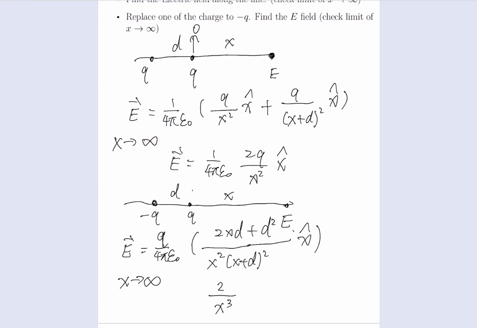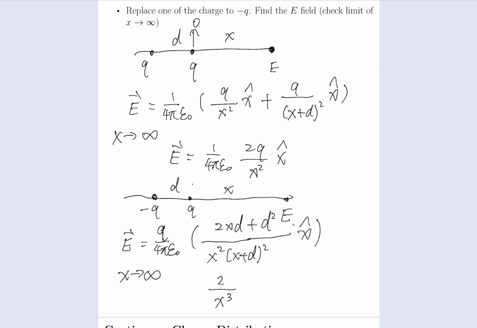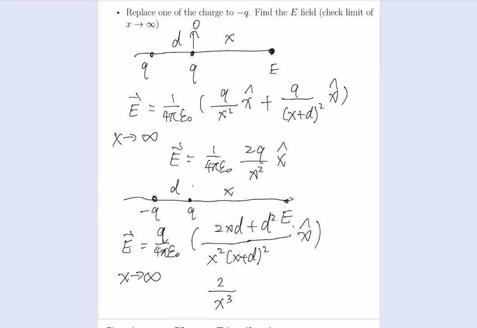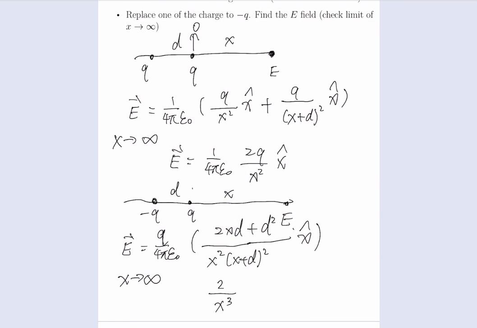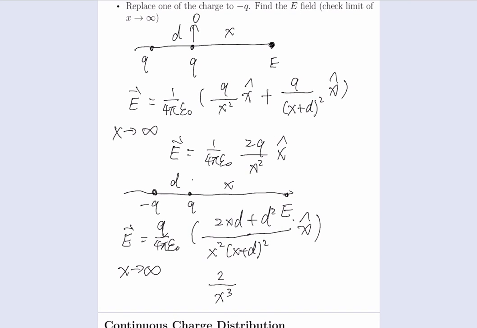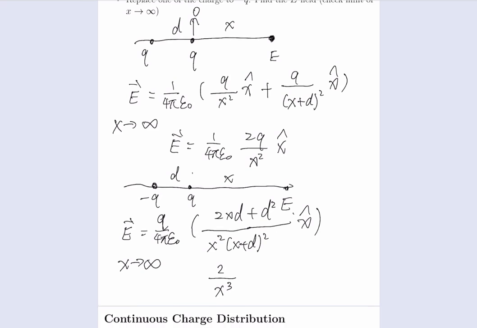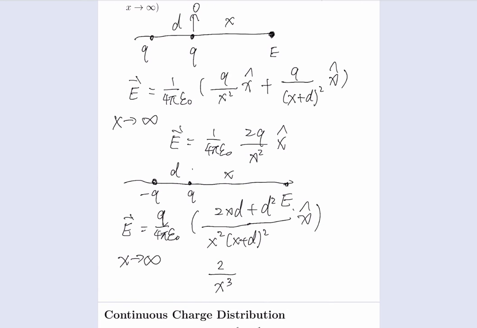Because we are considering the infinite x limit. So the second answer is pretty much 0 compared to the first answer. Just like a Taylor expansion, the first answer is the leading order, and the second answer is the next to leading order. So there is actually no conflict between what we know about this problem.